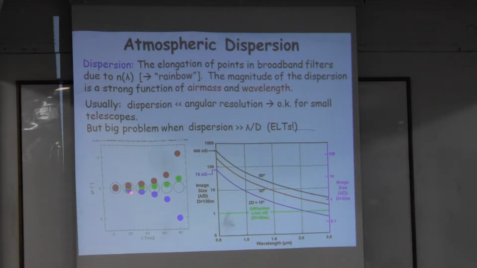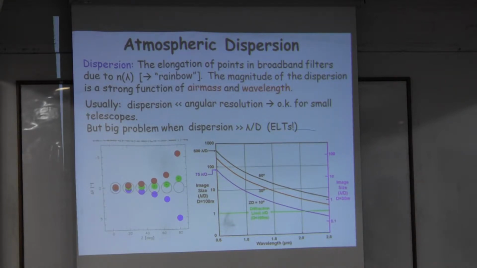But what it does, and this is shown here, because it's wavelength dependent, if you observe at zenith, the red light and the green light and the blue light of your star overlap. They are focused on the same spot. If you go to higher zenith angles, because of this dispersion of the atmosphere, you will see that the red light is actually at a different position than the green and the blue one.